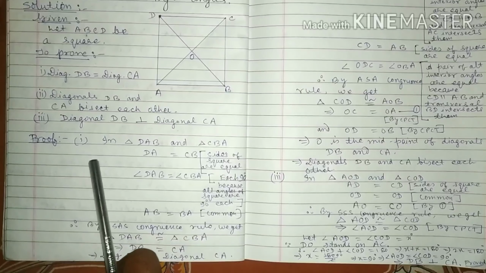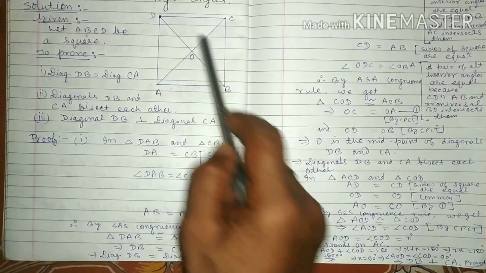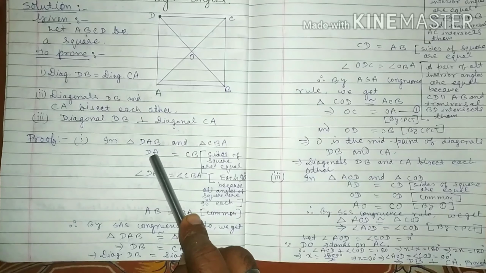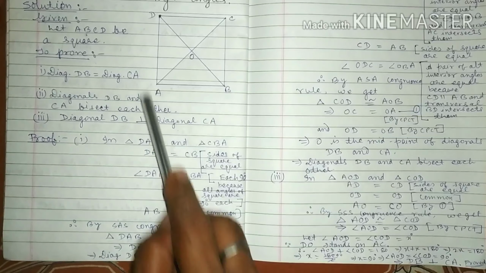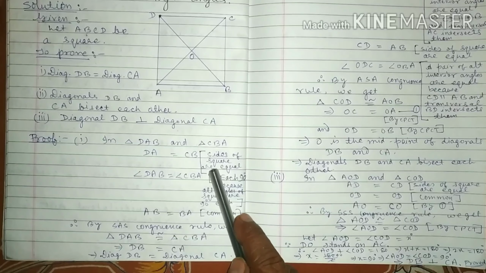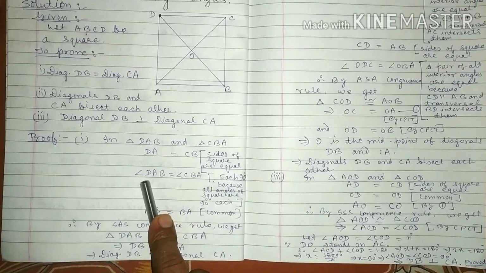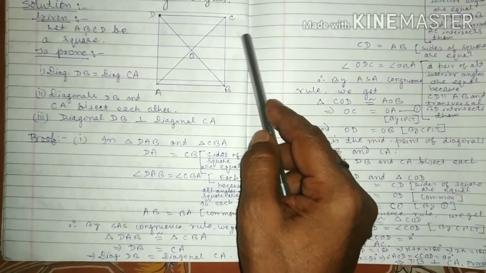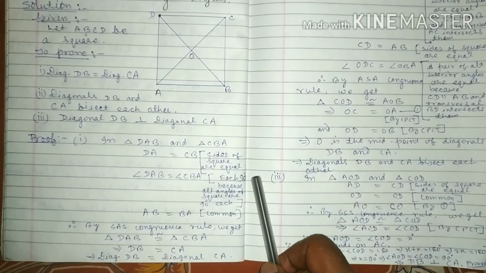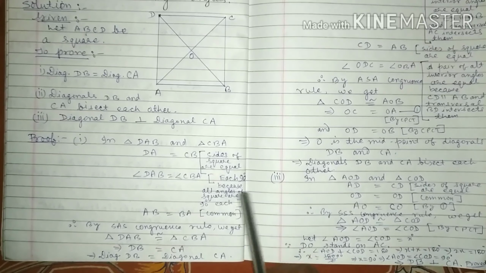Proof of 1. In triangle DAB and triangle CBA, DA equals CB, opposite sides of a square are equal. Angle DAB equals angle CBA, each 90 degrees because all angles of a square are 90 degrees each.